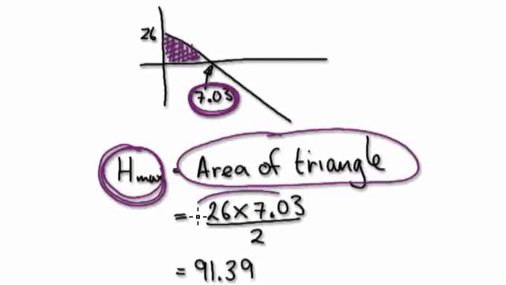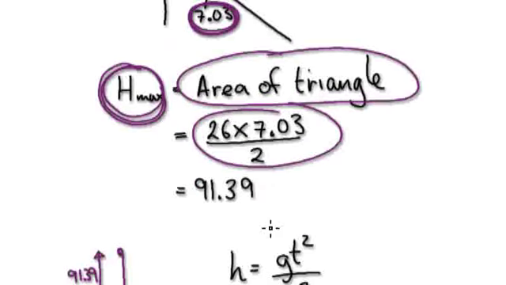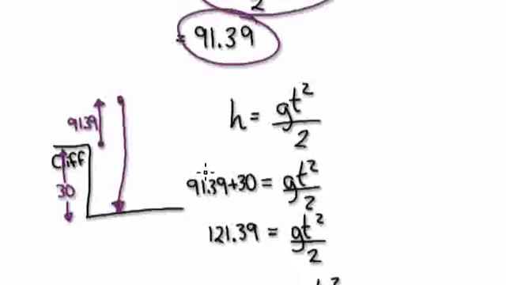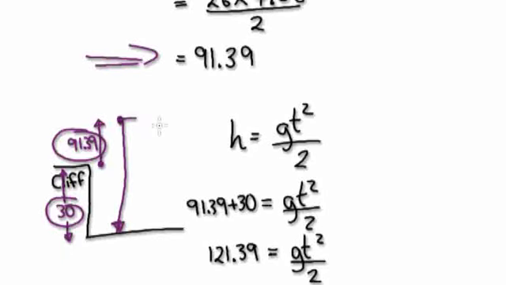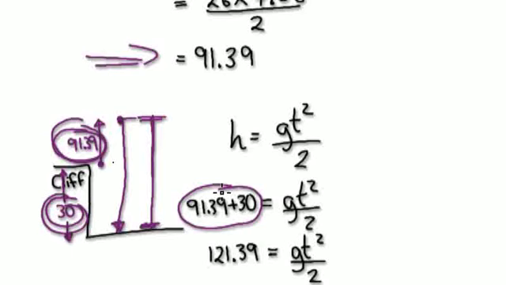Well, the area of the triangle is this, and it turns out that the maximum height is this. So this is the maximum height here. We know the height of the cliff, so therefore we know this distance here. Okay, so basically get this plus the height of the cliff, which is this bit here.